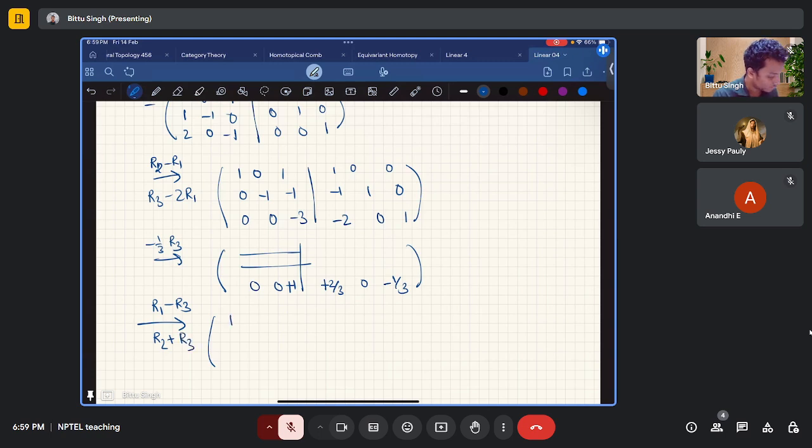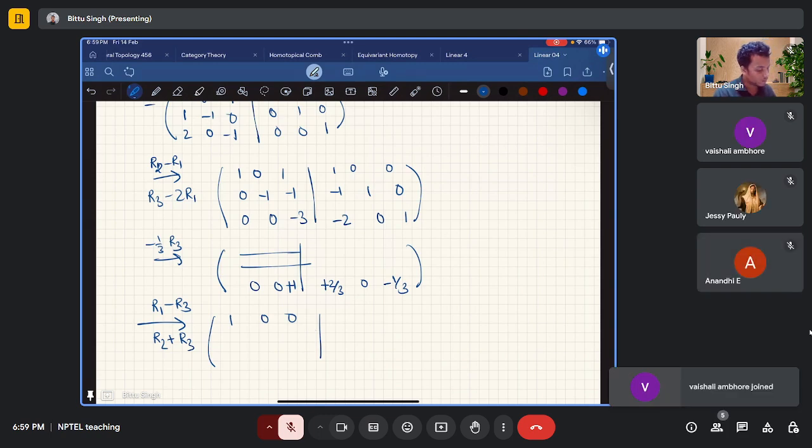So this will give 1, 0, 0 here, and R1 minus R3. So it is 1 minus 2/3, which is 1/3. So 1/3, 0 minus 0, 0, 0 plus 1/3. So it is 1/3 again.